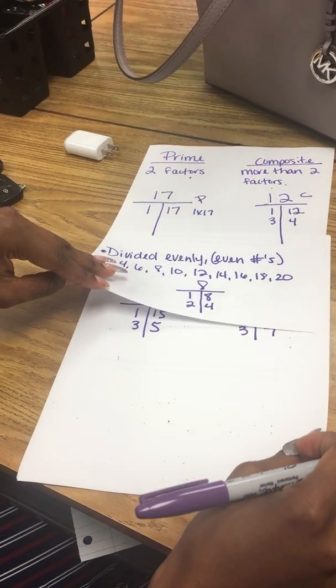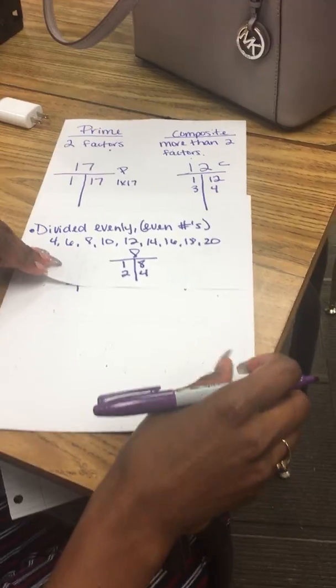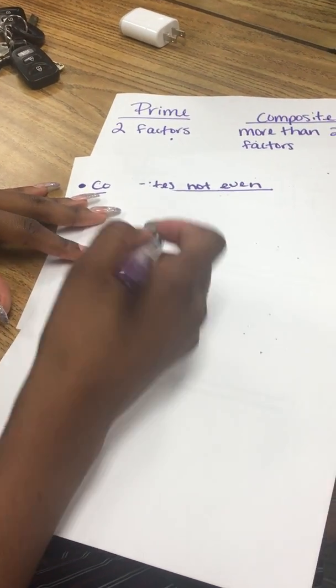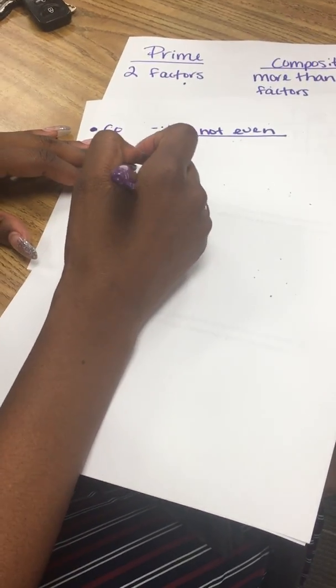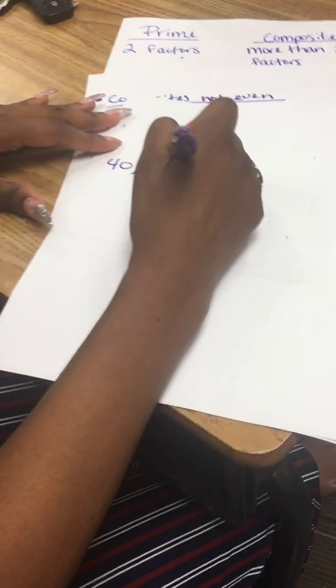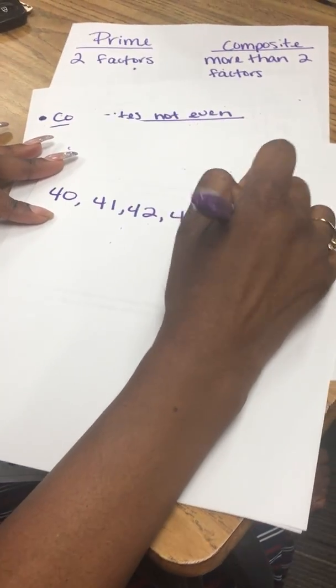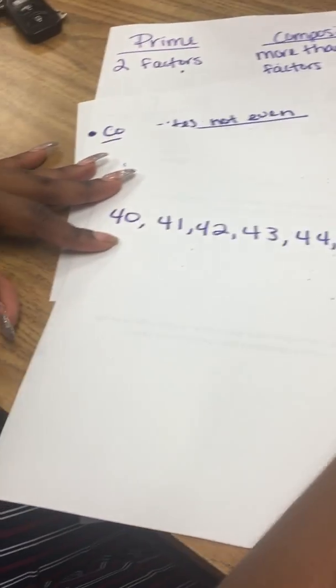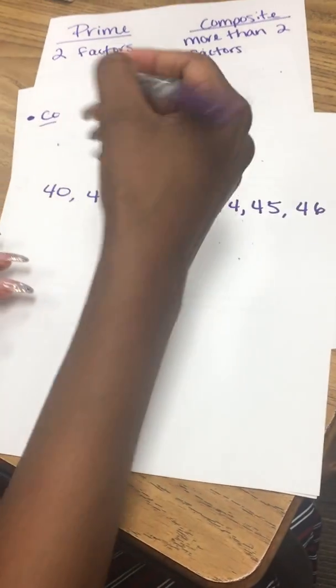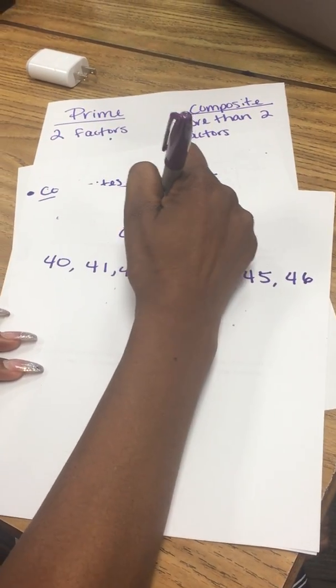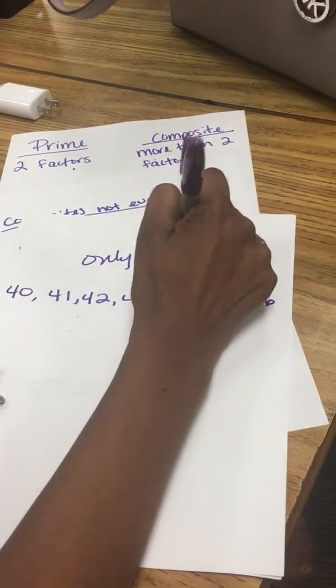Let's do a little exercise, okay? Let's say I gave you a list of numbers. Say we were doing 40, 41, 42, 43, 44, 45, and 46, okay? And I told you all I want is only the prime ones.